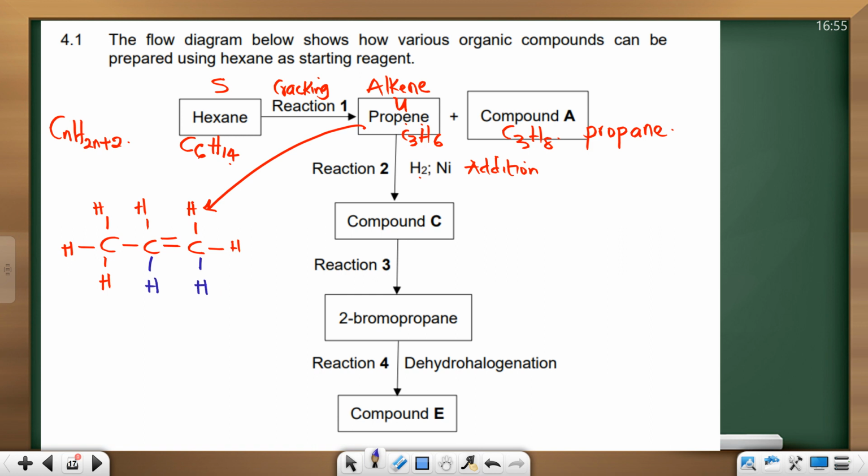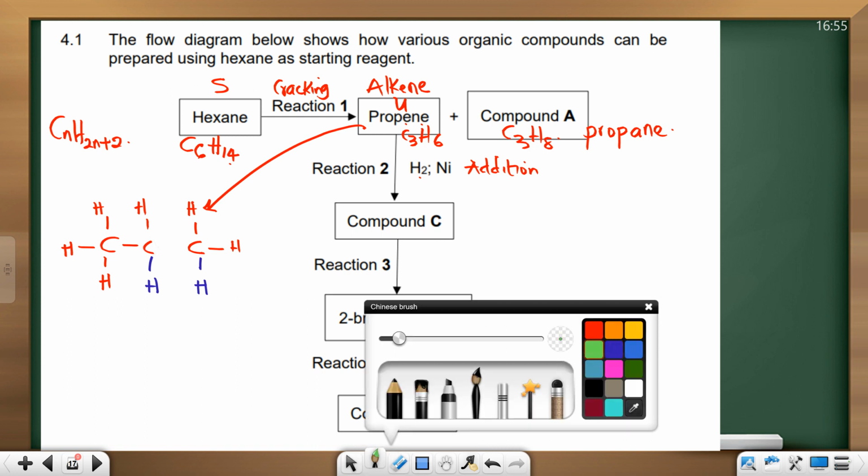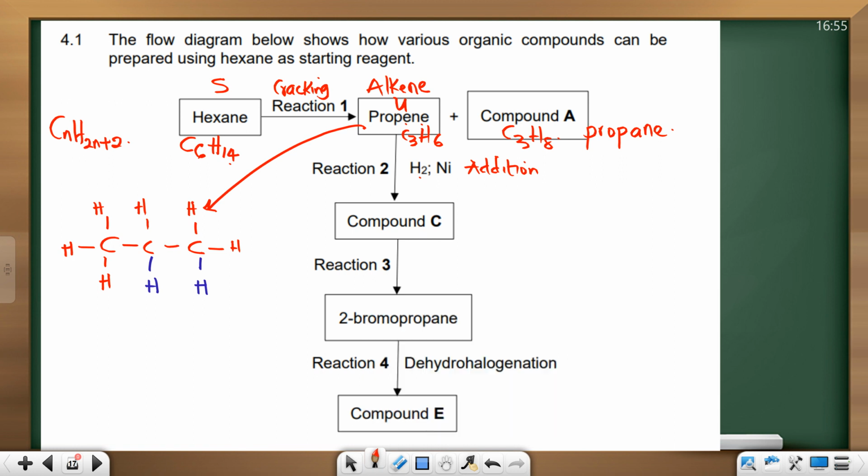Make sense? So, do you notice what type of reaction that is? It's an addition reaction, and we are adding hydrogen. So, it is called hydrogenation. I want you to please learn this quickly as well.